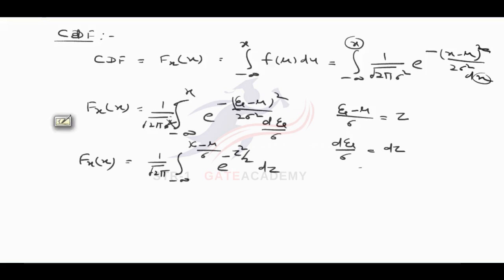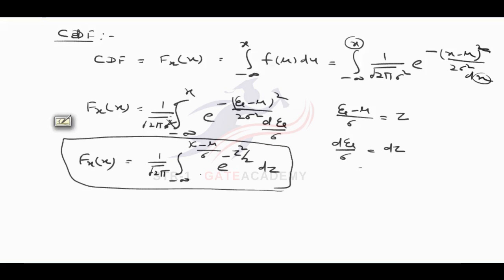Now the PDF is completely converted into a CDF with a new parameter, where z is denoted by x minus mu upon sigma.